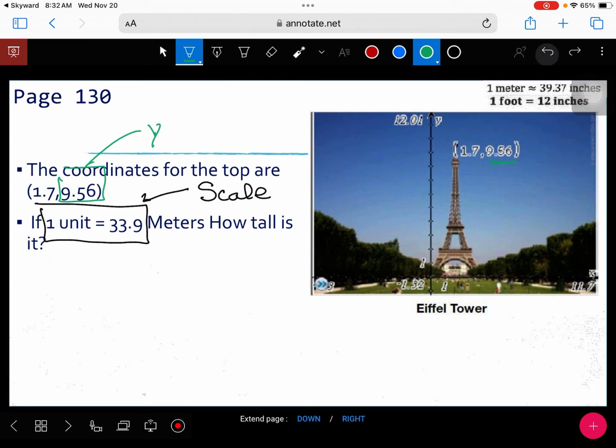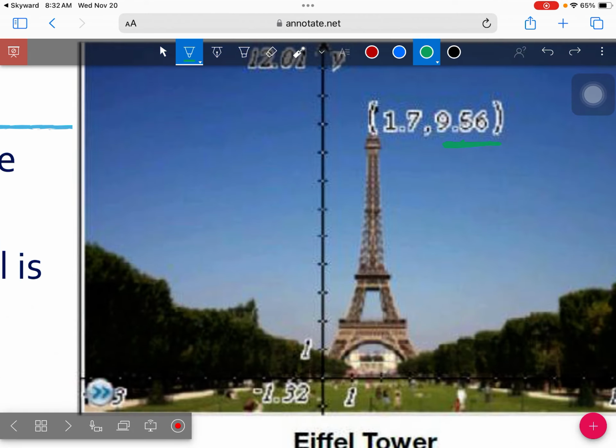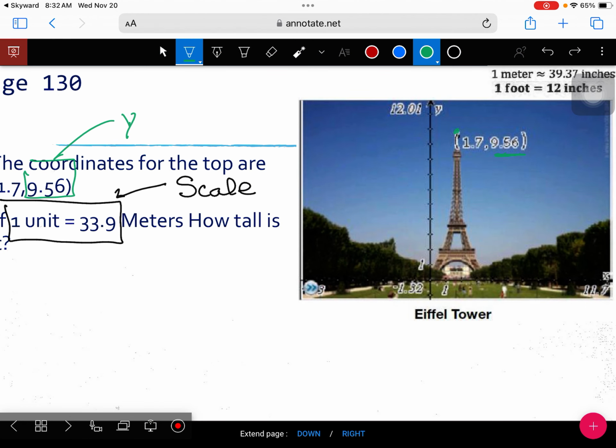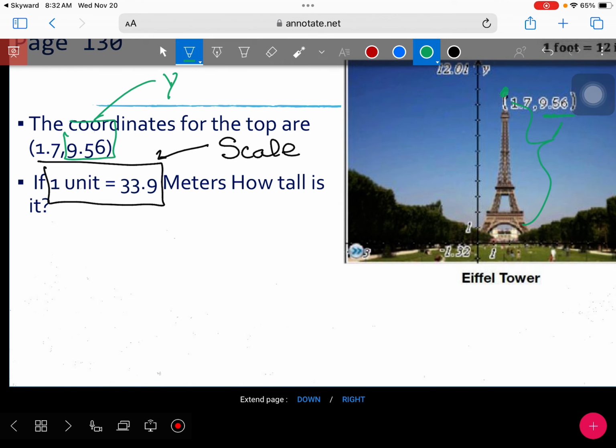Wait, where's the very top? I think it's way up here. Okay, so there's the very top. So this is 9.56, and actually that would be units. And yes, you can just multiply that by 33.9 meters.